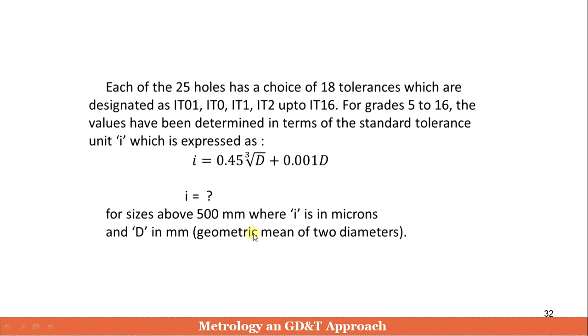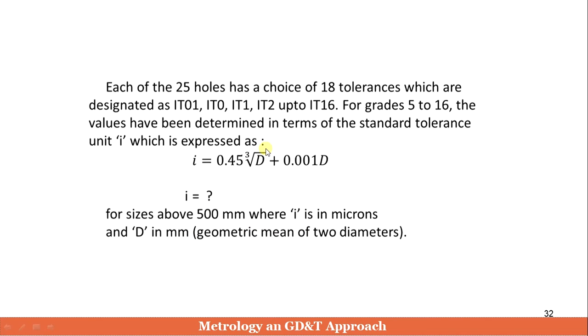What exactly D is and how to calculate it, we will discuss in our next session. But it is important to remember that i will always be represented in microns, so what we calculate will be in microns. You have to convert this value of i into millimeters for the calculation of our tolerances.